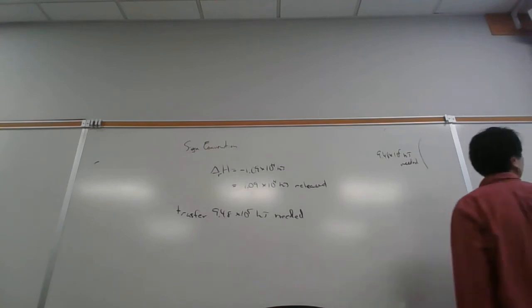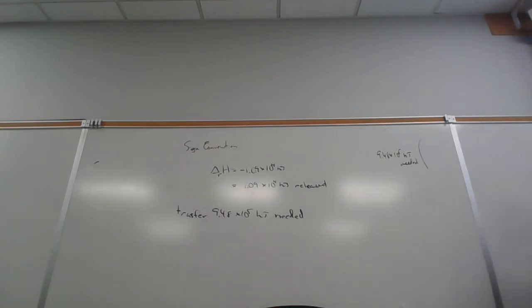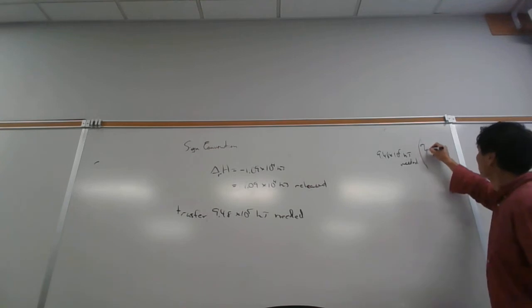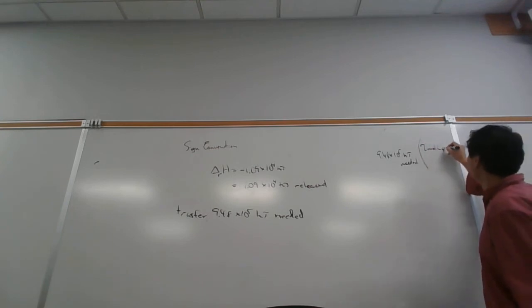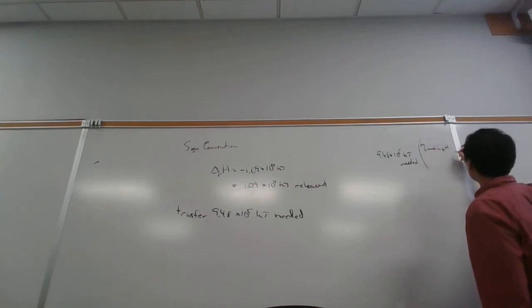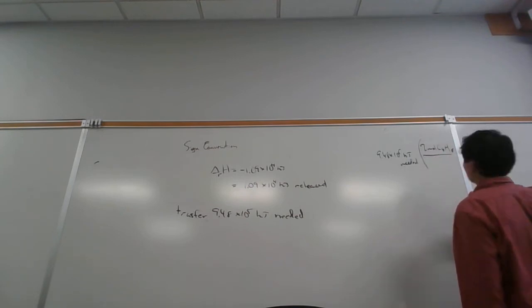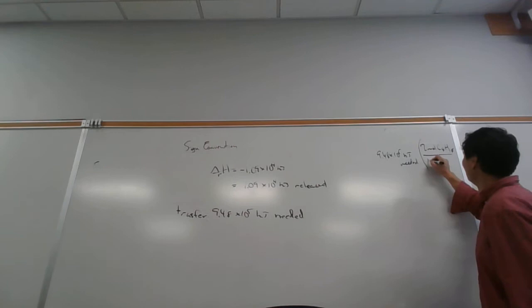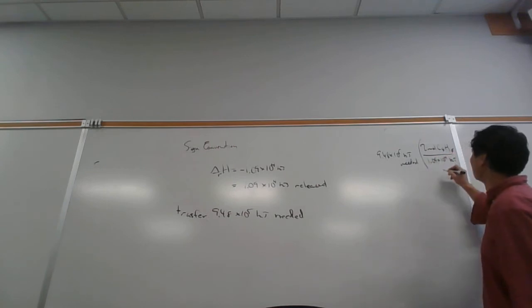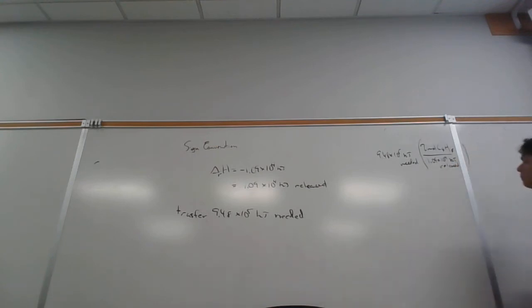And then we're going to say that we have 2 moles of octane, C8H18, for every 1.09 times 10 to the fourth kilojoules released. And then we'll convert this to grams.